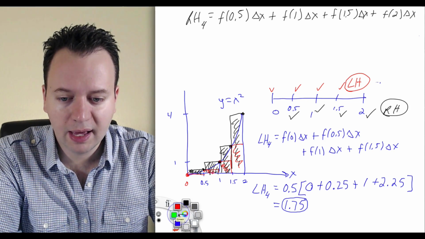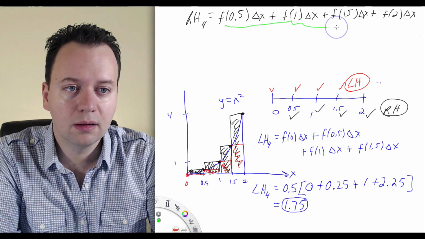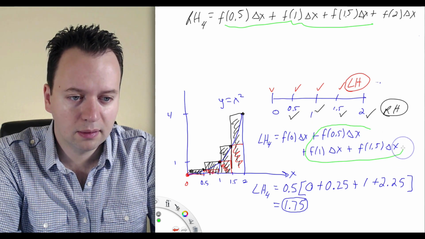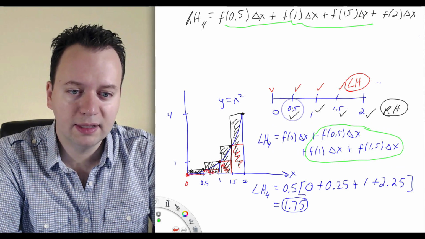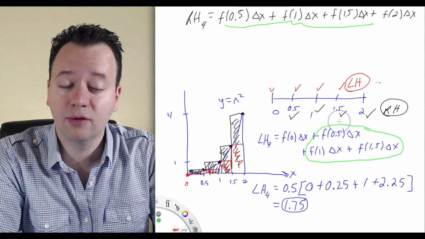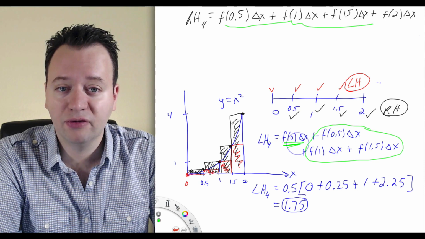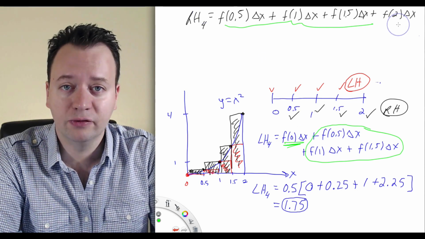Now notice that these 3 points are in common. Right? So the points 0.5, 1, 1.5 are in common between the two Riemann sums. So the left-hand one also has f of 0, and the right-hand one also has f of 2.